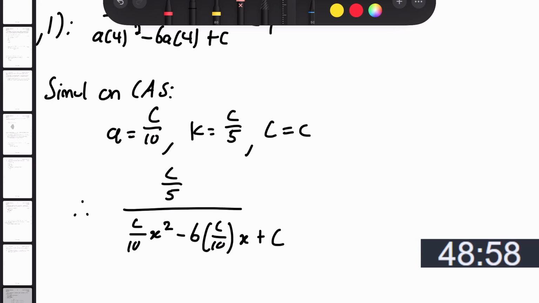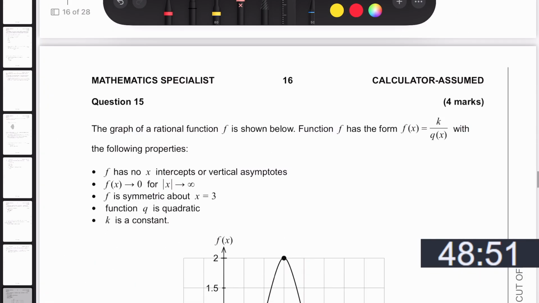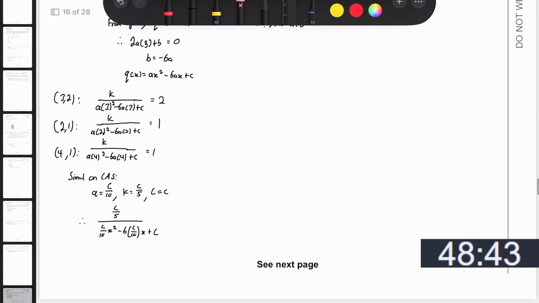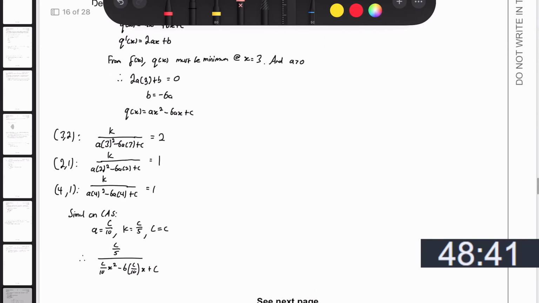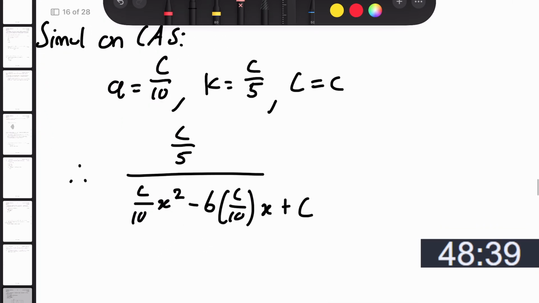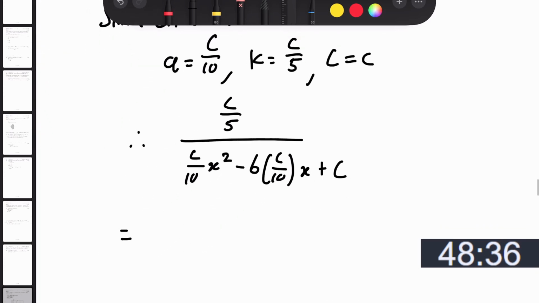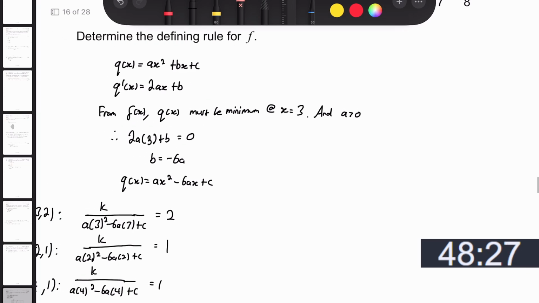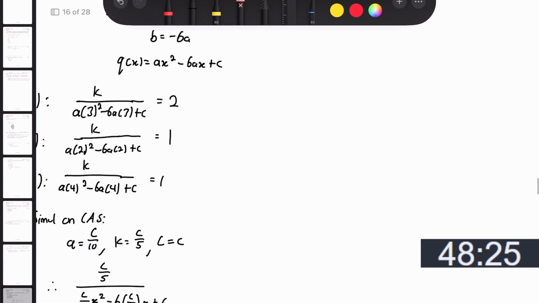Outside of 3 plus x is equal to 2. Multiply this by 2. 10. Oh my god, this is hurting my brain.